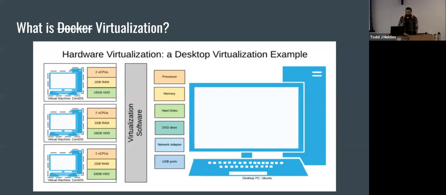So there is this concept called hardware virtualization, where imagine that you have a desktop and that desktop has certain resources. Now, these resources can be split up, partitioned, segmented, whatever you want to call it, and assigned to each of the virtual systems.